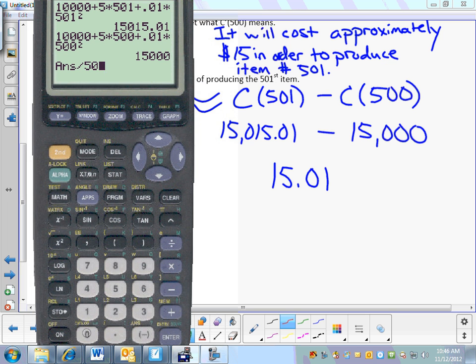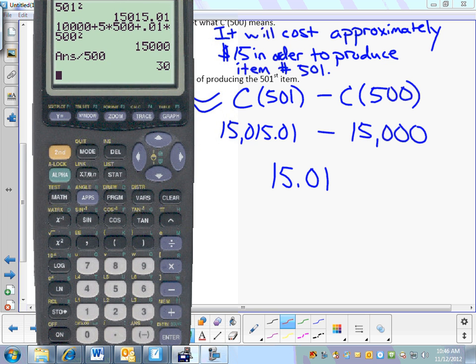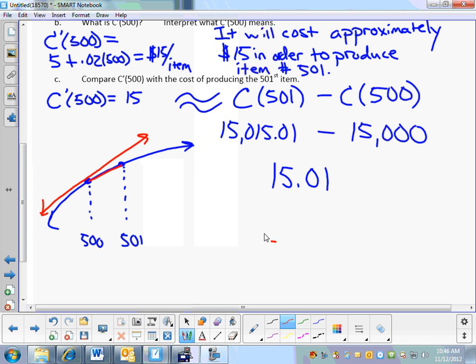If I divide that by 500, you can see that they're actually on average spending so far $30 per pair of shoe. You see what I'm saying? So you can't say that 15 is the average. It's the instantaneous rate of change. That's the cost to produce the 501st item.